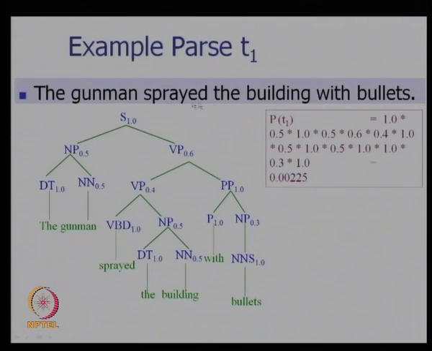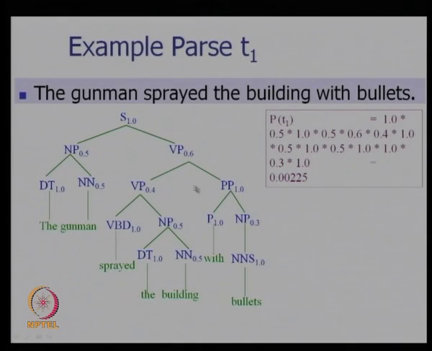Now, take the sentence: the gunman sprayed the building with bullets. We can have one parse tree, which is shown here. This is a parse tree starting with sentence S consisting of noun phrase and verb phrase. In the noun phrase, we have determiner and noun, the gunman. The verb phrase itself can be verb phrase and preposition phrase.